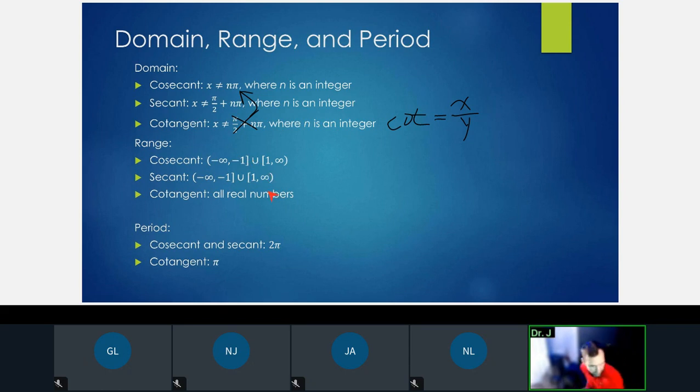Based on the graph, you can see that the cosecant graph goes up forever and then it dips down to 1. And on the other side, it goes down forever and then it goes up to -1. Hopefully I said that right. So negative infinity to -1, there's a gap, a union, a break, and then from 1 to infinity.